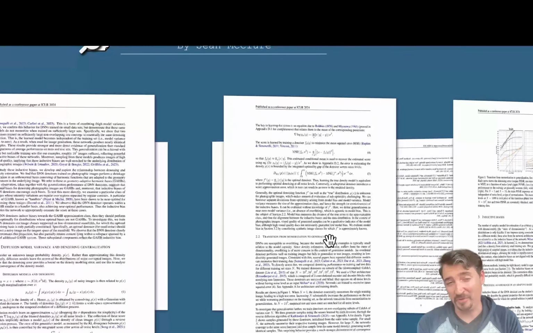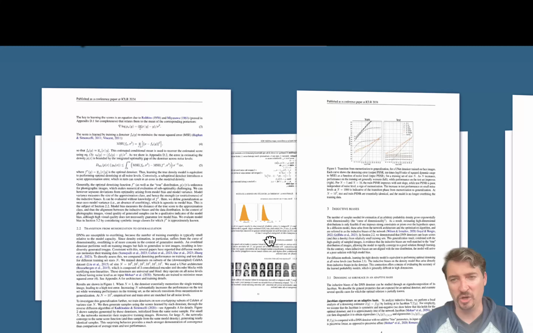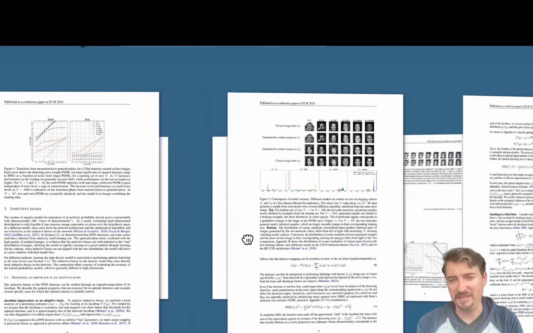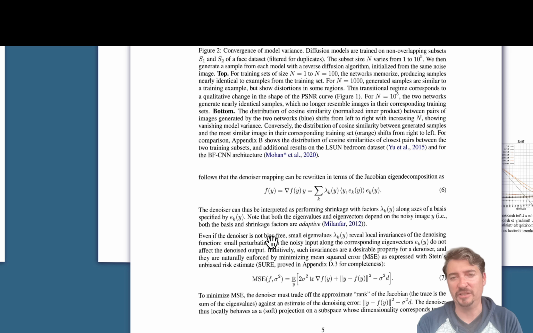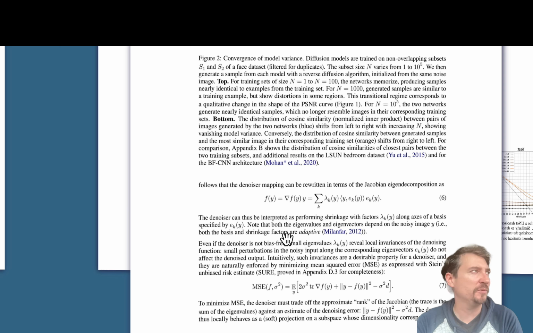I think the most interesting, personally, part is when they do the Jacobian decomposition, because now they're saying, look, how do we justify what this thing is actually doing, and how do we know it's really learning? You think about it in terms of eigenvalues and eigenvectors. Now you know the directions and the scaling that the function is actually doing with respect to the input data. You can analyze the oscillations in there, which is just a fancy way of saying, basically, let's take a look at how the input data are being treated.